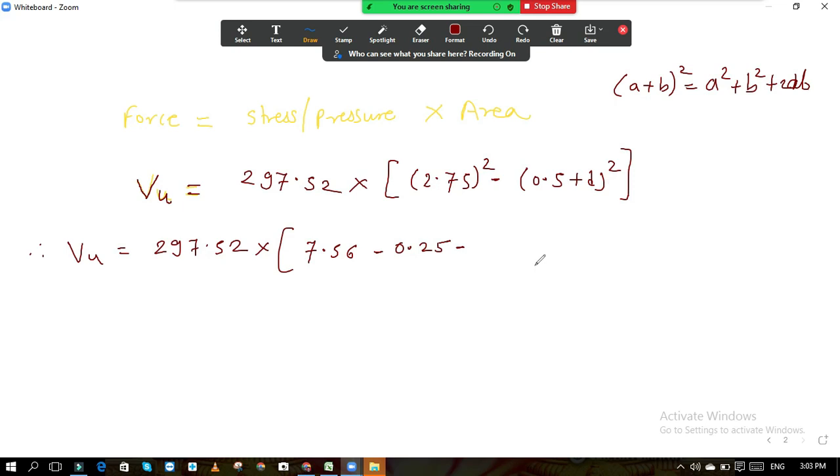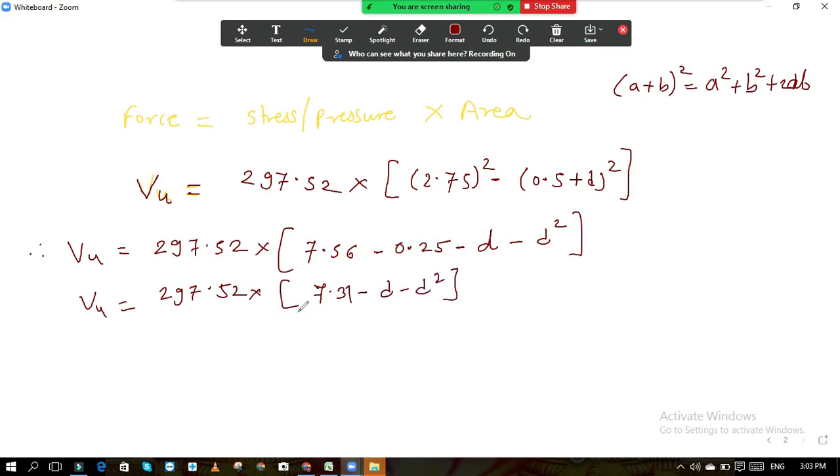So 2 and 0.5 cancel each other, and only d will remain. Then minus d square. Therefore Vu is equal to 297.52 into, simplify this now, 7.56 minus 0.25. How much is it? 7.31. This is 7.31 minus d square.